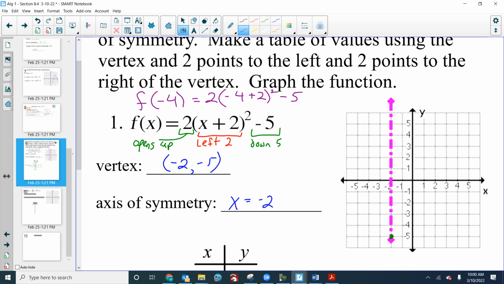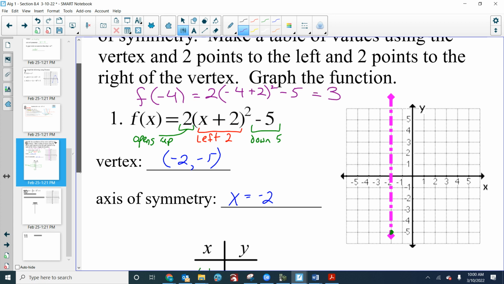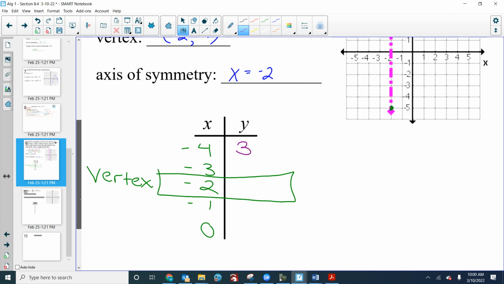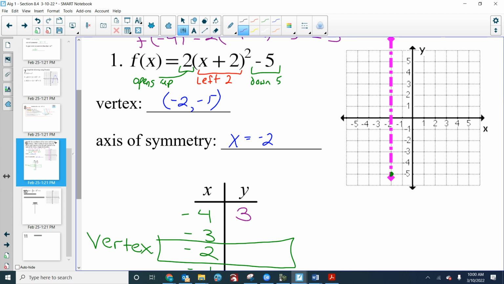Anyone? -2. But when we square it, what's -2 squared? 4 times 2, 8 minus 5, 3. We just got the point. -4, 3.